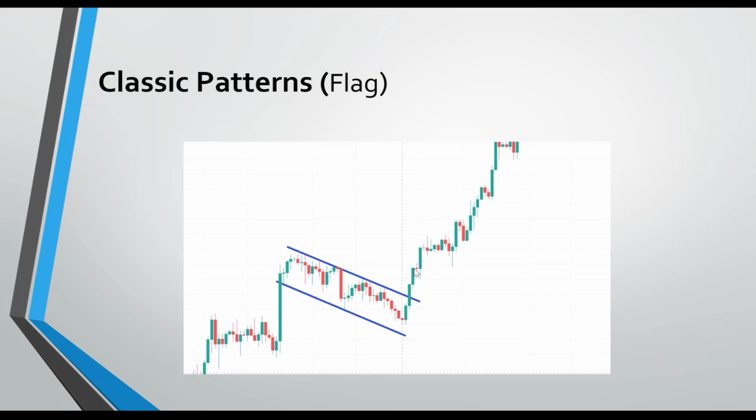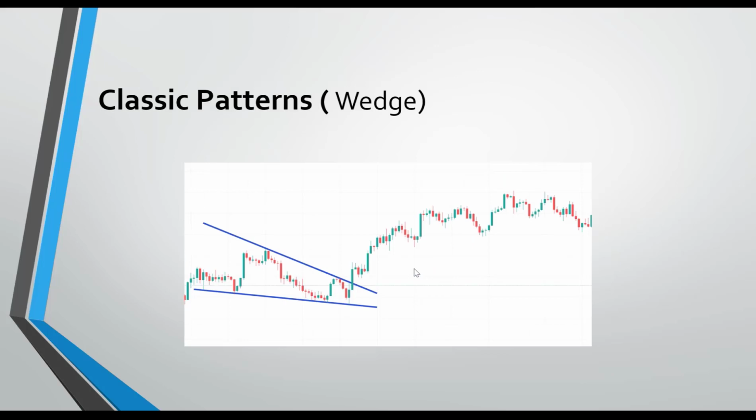And finally, the last classic pattern that I'm going to talk about is called the wedge. That is very similar to triangles, but when the two lines cannot touch each other, they call it a wedge. But in my opinion, it is somehow the same.